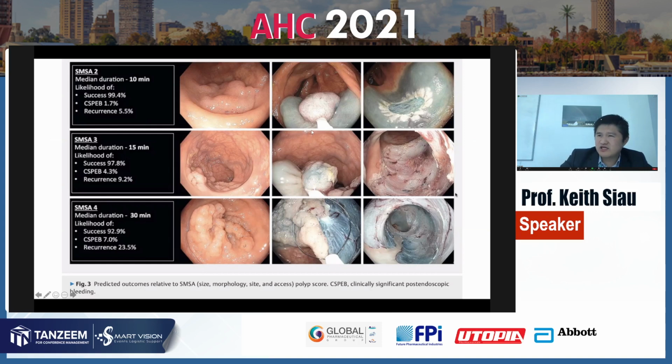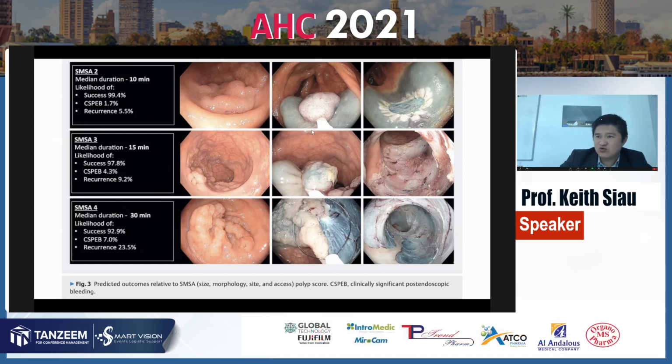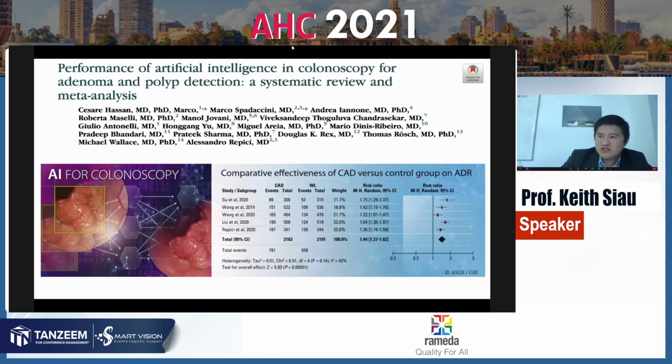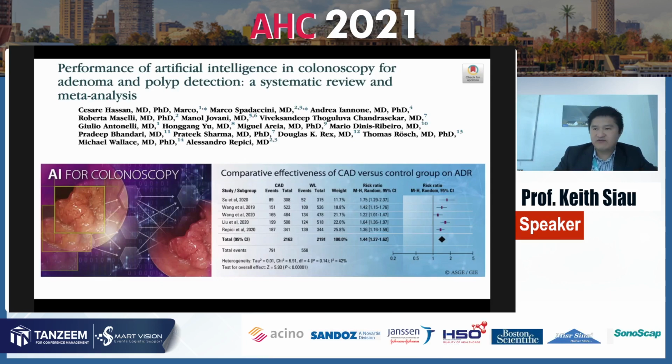And I think this probably led to things like snare tip ablation of polyp margins after piecemeal EMR. And the recurrence rate for that now is a lot less. What does the future hold for us? Well, AI is getting everywhere.